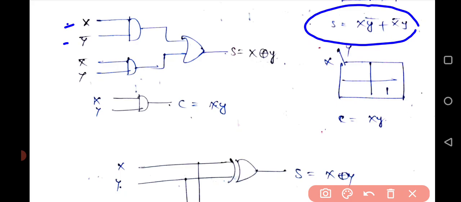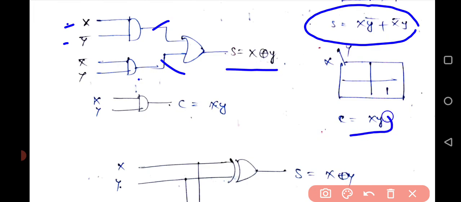At the same time x bar y is given to one more AND gate. These two can be added, so the outputs of these AND gates are given to the OR gate, which performs the addition of those two inputs.